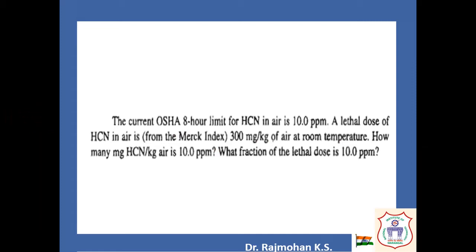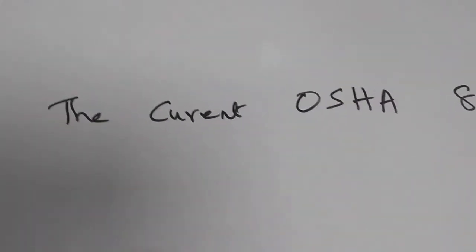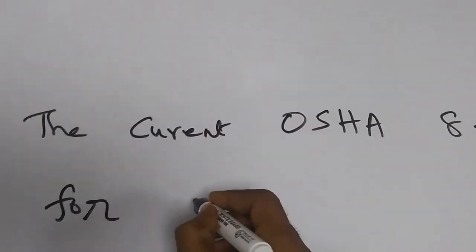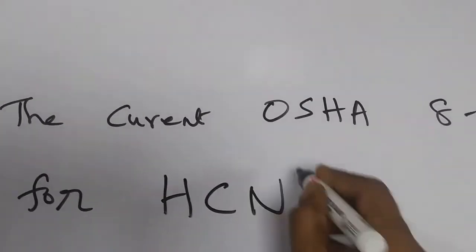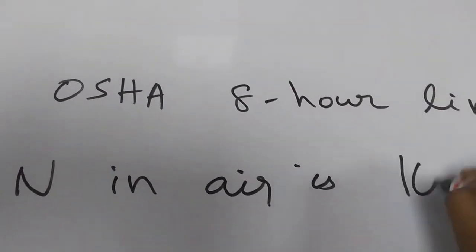So the current OSHA 8-hour limit for formonitrile, that is our hydrogen cyanide, in air is 10 ppm.